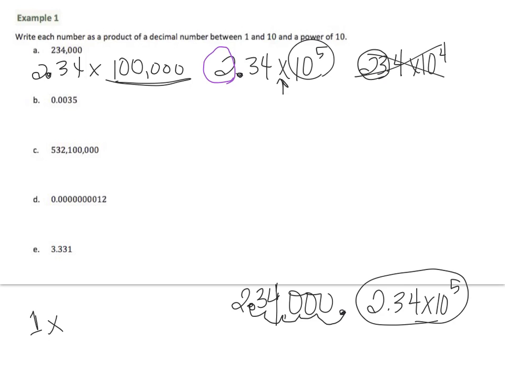Let's try this next one, B. I can take this and say it's just like 35 over 1, 2, 3, 4 zeros, right?